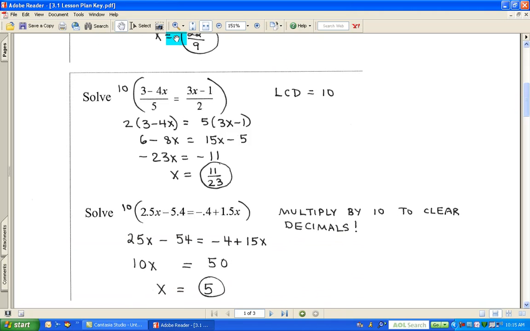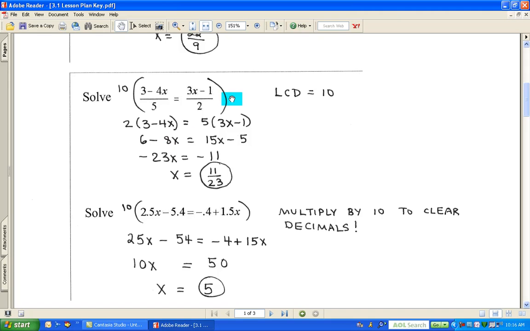The next equation, 3 minus 4x over 5 equals 3x minus 1 over 2. One way to approach this again, to clear fractions, is to find the LCD. The LCD of the two denominators is 10. So when I multiply through by 10, notice on the left-hand side, 5 will cancel into the 10 twice. 2 times the quantity 3 minus 4x becomes 6 minus 8x.